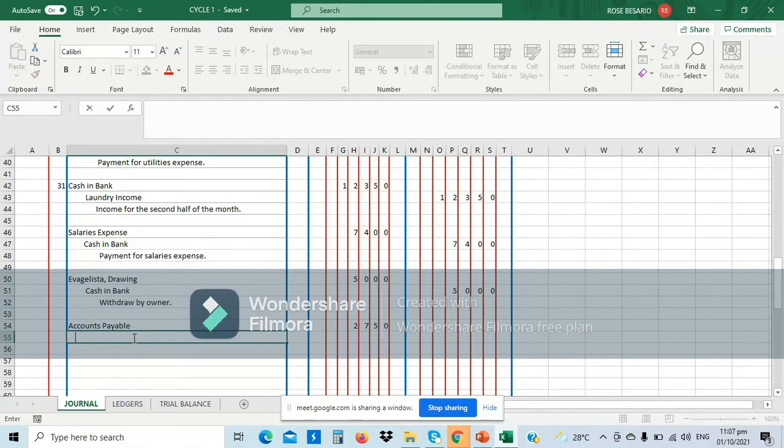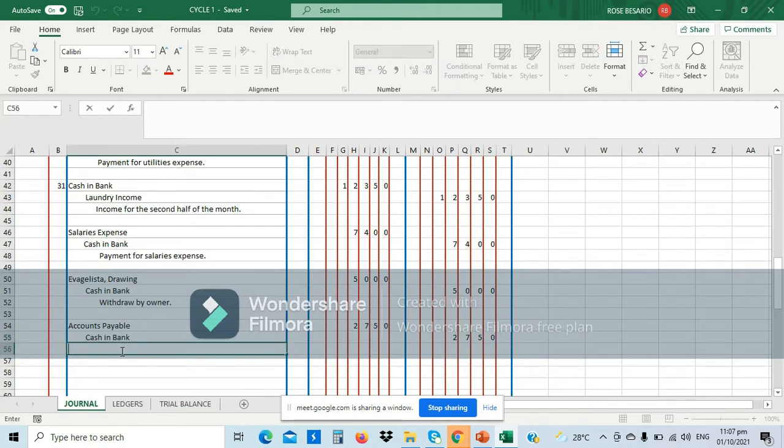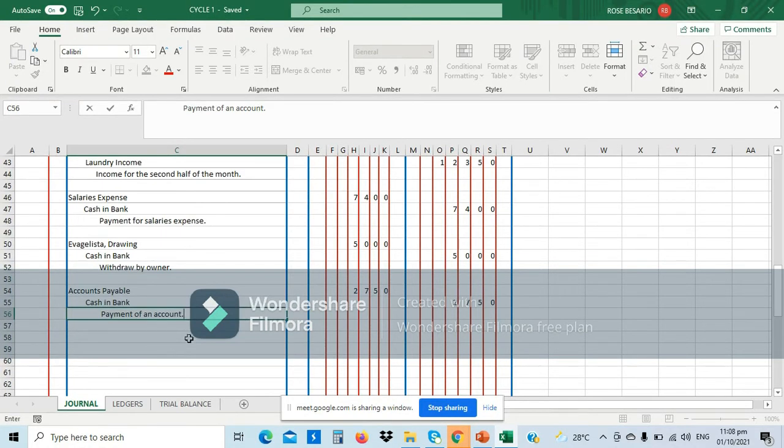Then we have cash in bank, 2,750. Then our explanation is payment of an account. You may also place the name of the supplier, that's Subic Supply Incorporated.